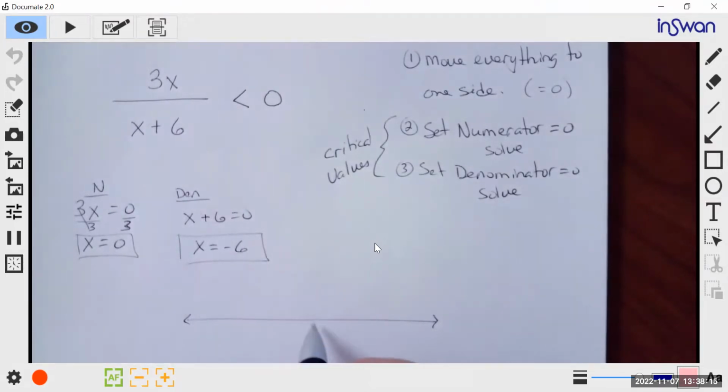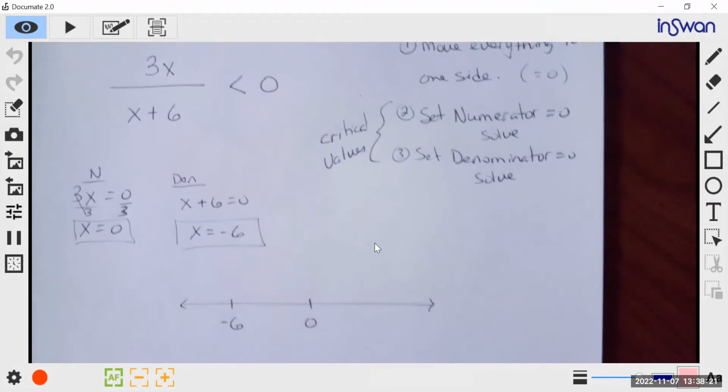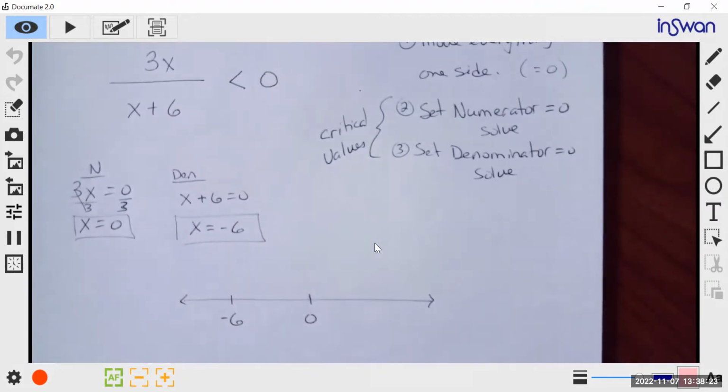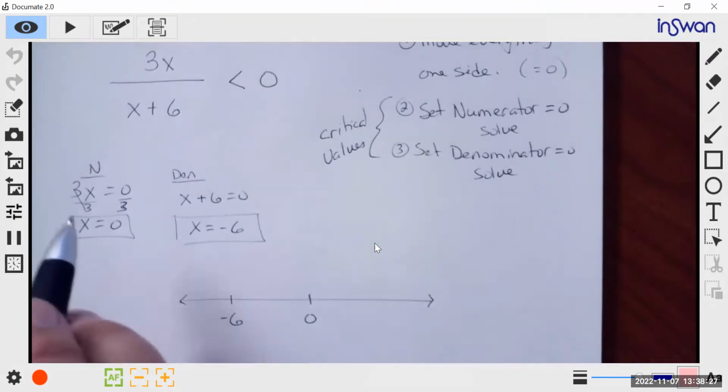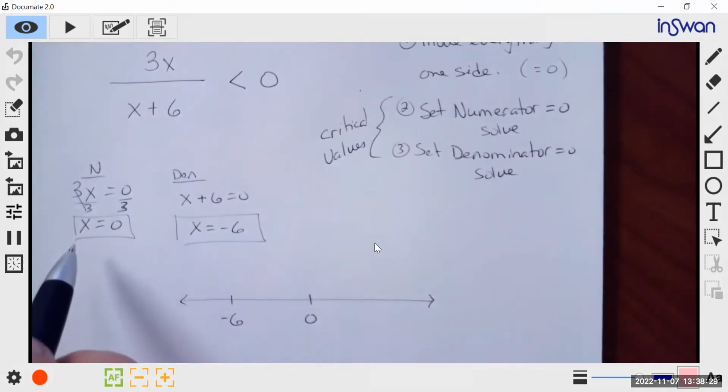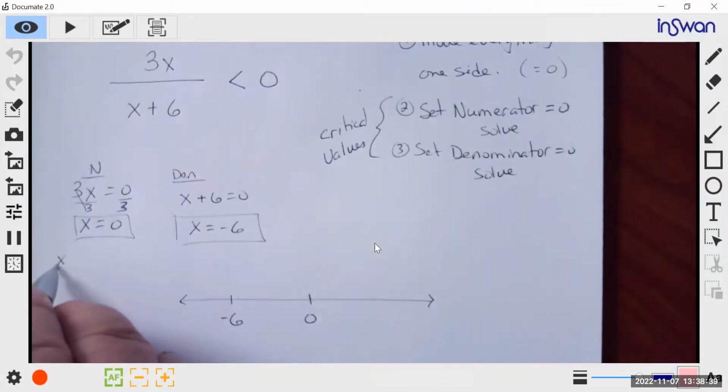So the first one, we have 0, and then we have -6. The only way you can find the x-intercept of a fraction is by setting the top equal to 0. This is my x-intercept.